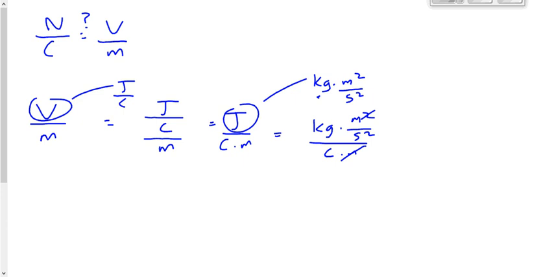And if we're going kilograms times meters over second squared divided by coulombs, that's the same thing as saying kilograms times meters over coulomb times second squared. Good? A newton comes from force, which is m times A, which is kilograms times meters per second squared, right? Mass times acceleration. So we can replace a kilogram meters per second squared with a newton, which ends up giving us a newton per coulomb.